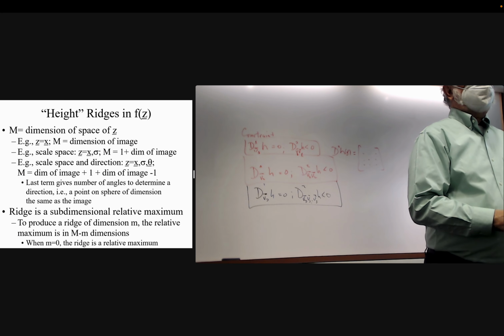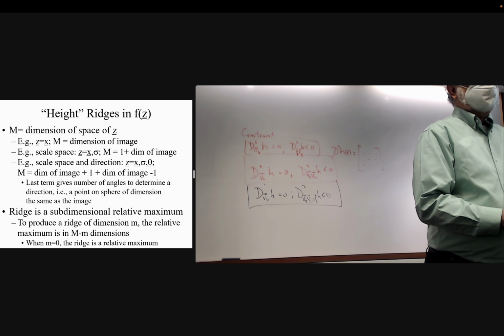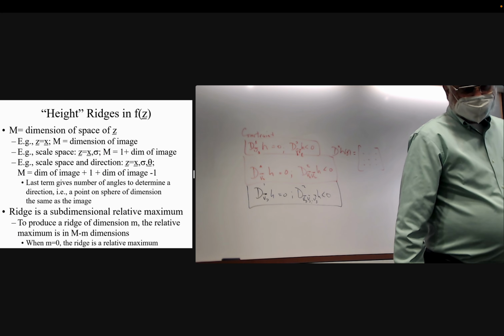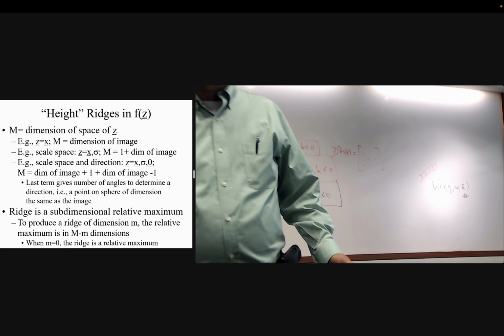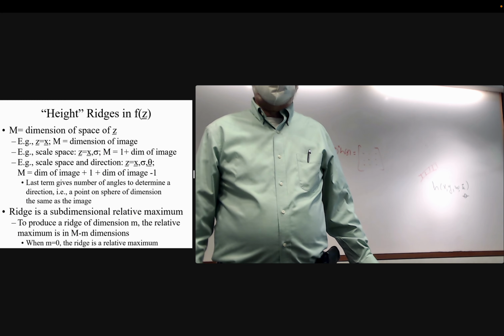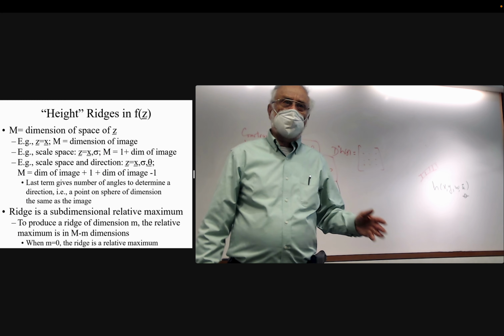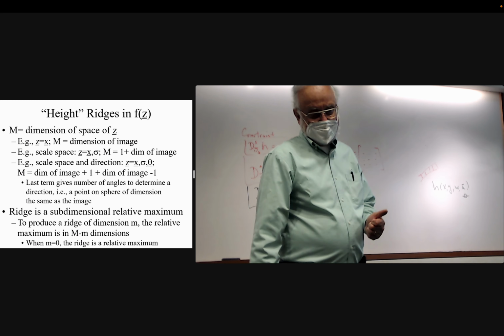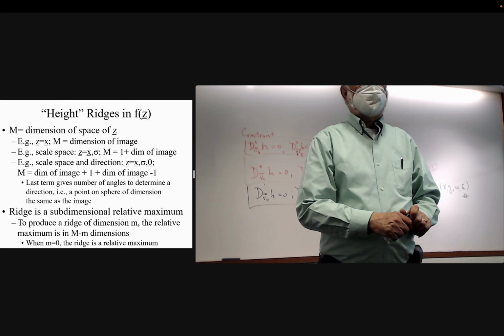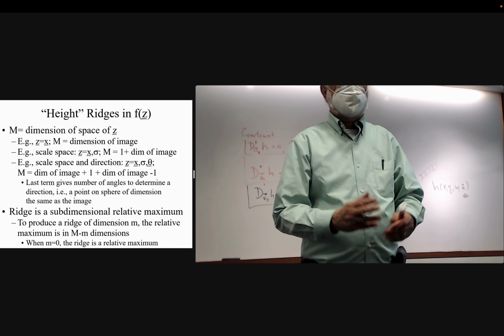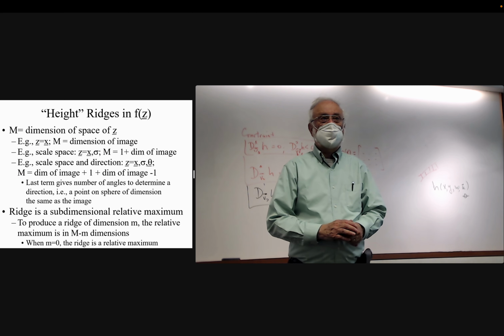If you use the maximum convexity criterion, you're going to have that many eigenvalues of the big M by big M Hessian to be negative. You take the ones, the big M minus little m ones that are most negative, you choose the corresponding eigenvectors, and you take first derivatives in each one of those, and you want each one to have a 0 value of the first derivative. Okay?